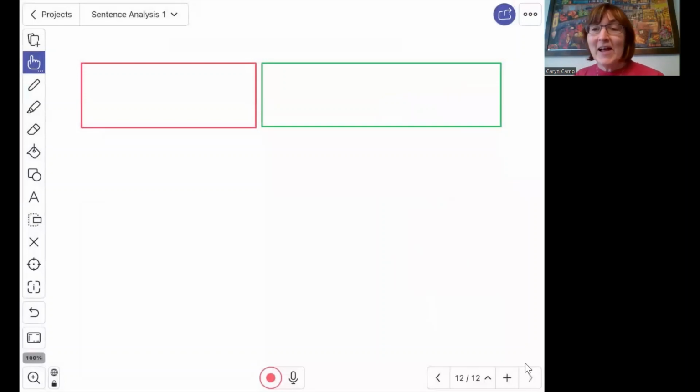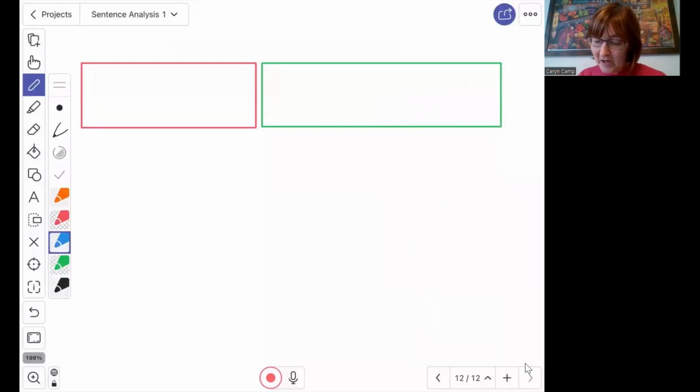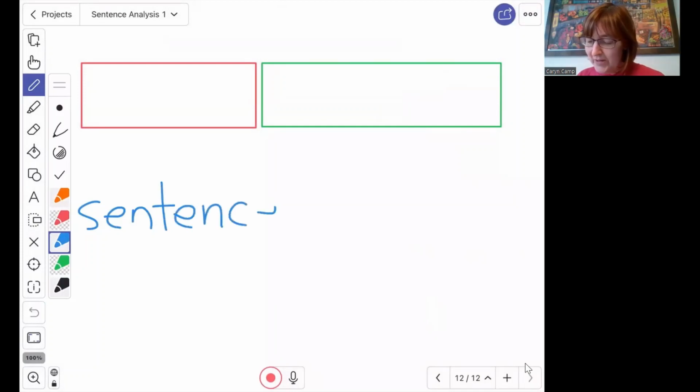In the last lesson, we talked about how, remember, let me back up. We are doing something called sentence analysis. That word means we take the big picture and break it into little pieces and see how they all fit together.